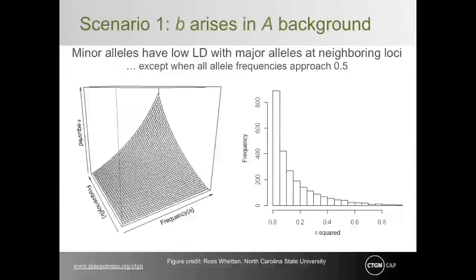We can conclude that minor alleles at SNP marker loci have the most predictive power regarding the presence of a major allele at neighboring trait loci when the allele frequencies at both loci approach 0.5. As the allele frequency at either the trait locus or the SNP marker locus diverges from 0.5, the predictive power of the SNP genotype drops and is relatively low for most combinations of allele frequencies at the marker and trait loci.